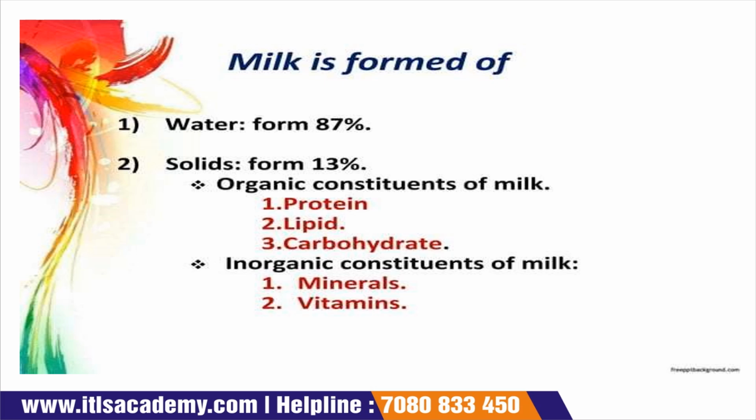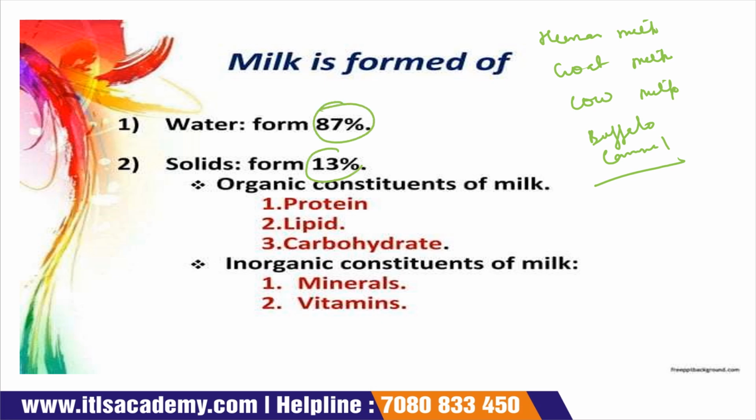Now, every milk, like if you talk about human milk, goat milk, cow milk, buffalo, camel, any animal, all milk have a composition and they are made up of water and solid form. Okay, so water form is around 87% and solid form around 13%.